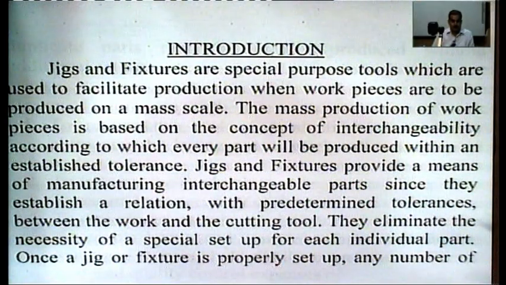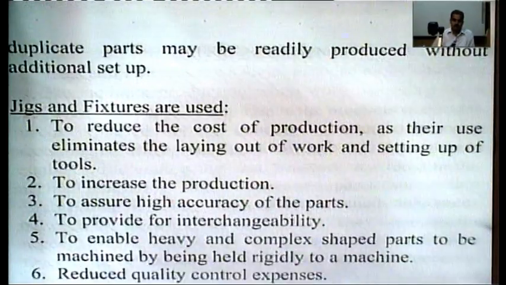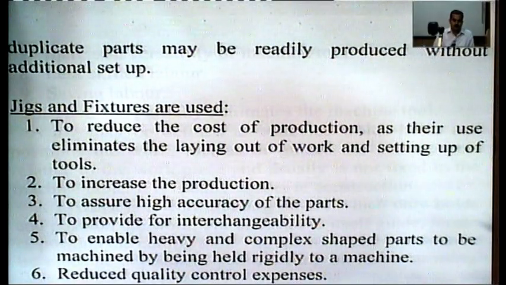And when we use these jigs and fixtures, the individual setting for individual parts is eliminated. Once a jig or fixture is properly set up, any number of duplicate parts may be readily produced without additional setup.